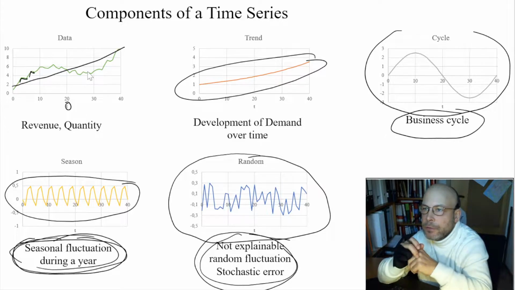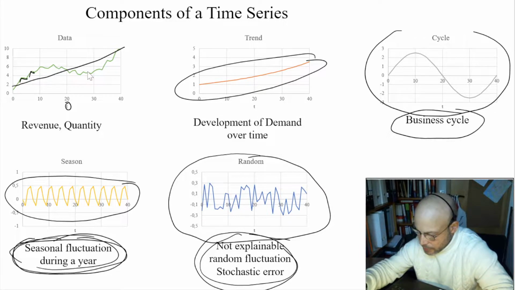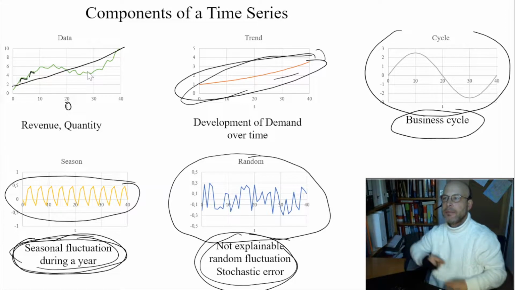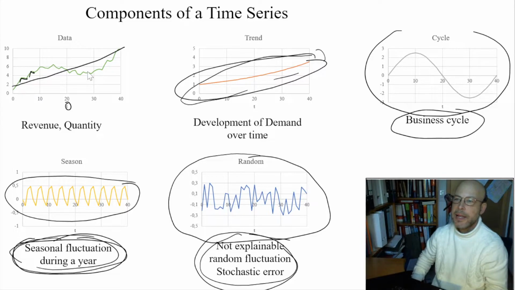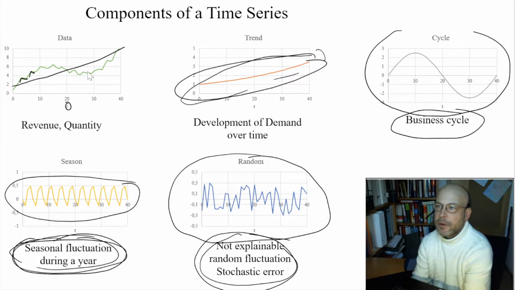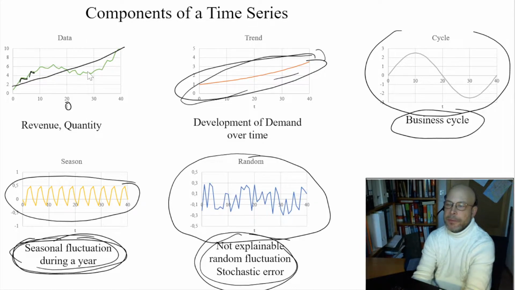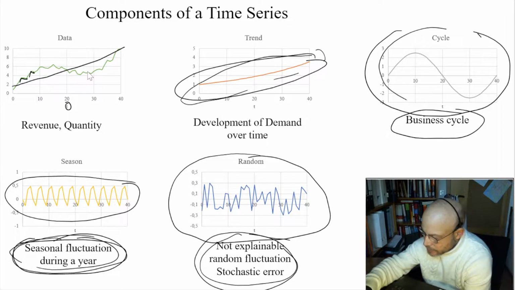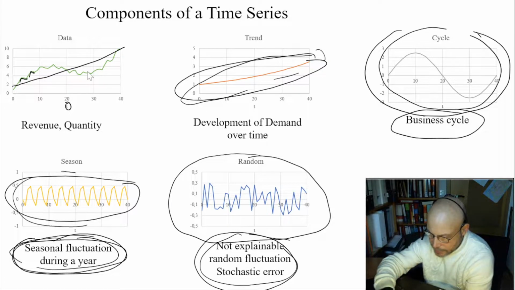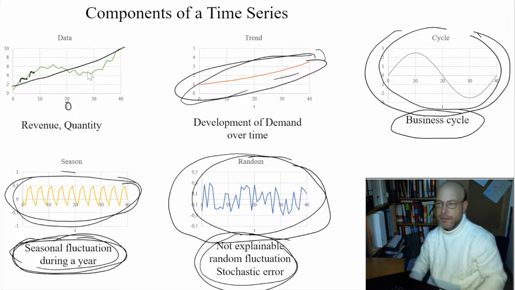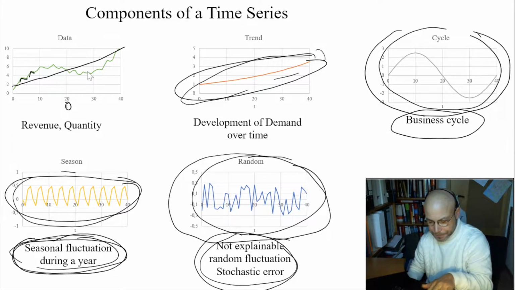These four components I plotted for you here. So this would be, without the cycling, without the seasonality, without the random component, a straight trend of constant growth. This would be the cycling data, and this the seasonal data, and in the end we will have a random component.